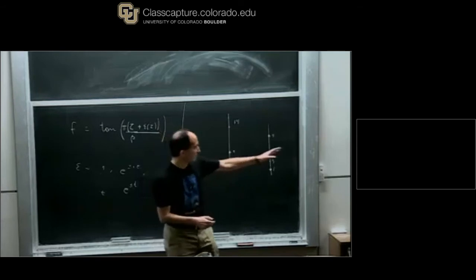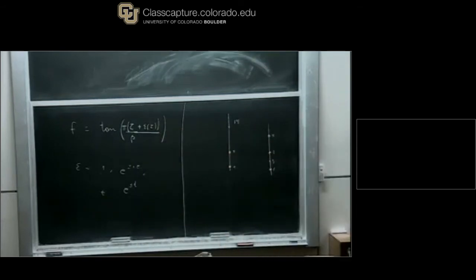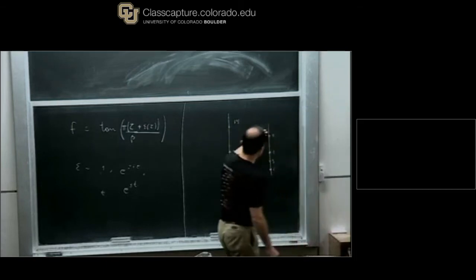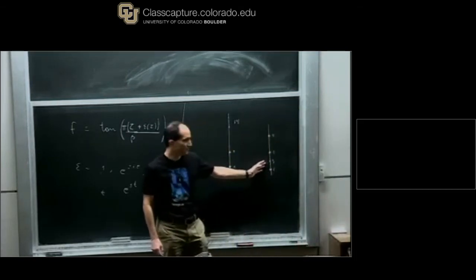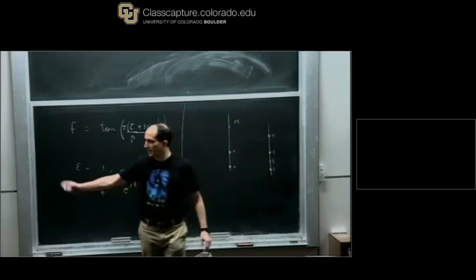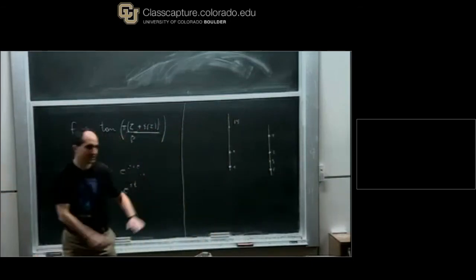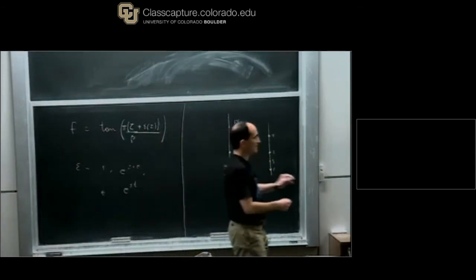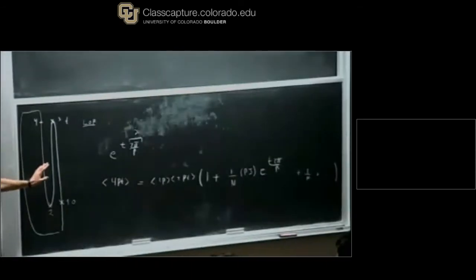So if you want to put them in this out-of-time order form, you have to order the points essentially like this in Euclidean signature. First one, then three, and so on. And so you do the functional integral, and you get some answer, and the answer goes in that way. Okay, so that's the mathematical calculation. I explained the mathematical procedure.